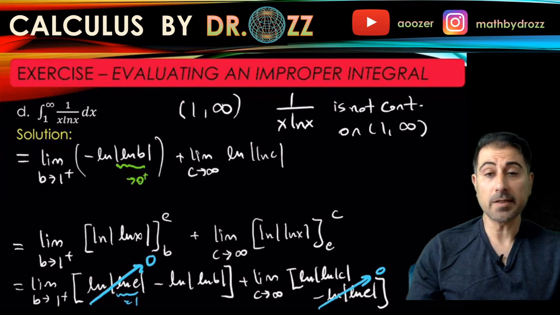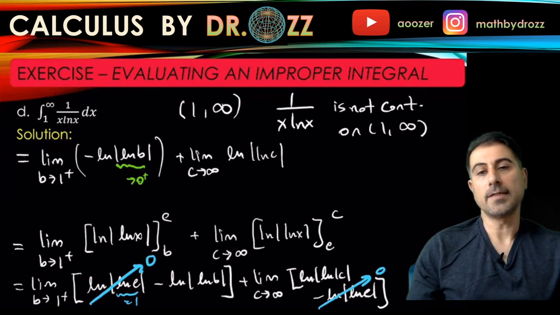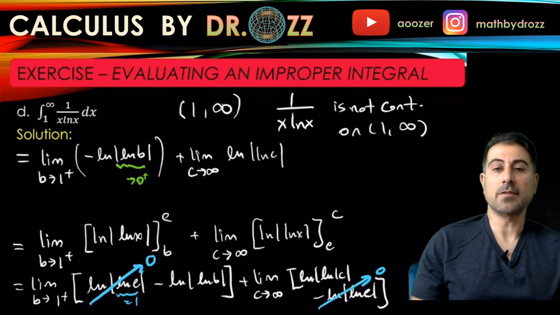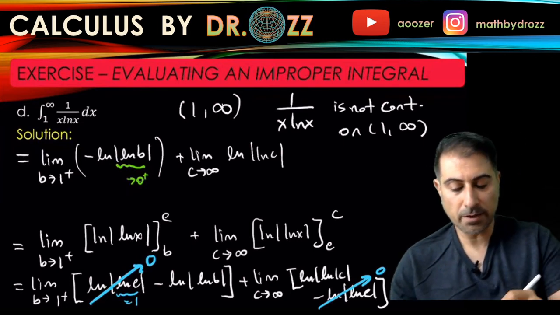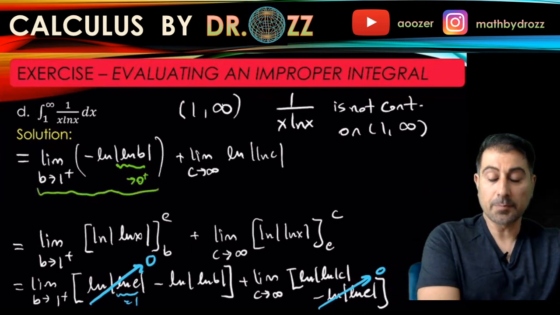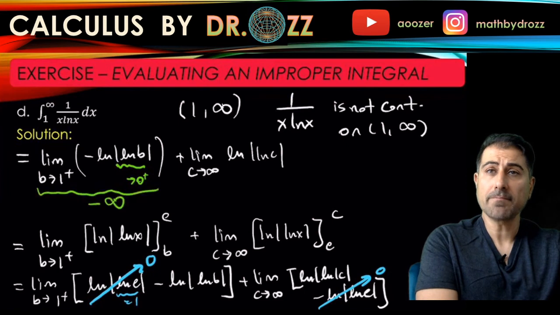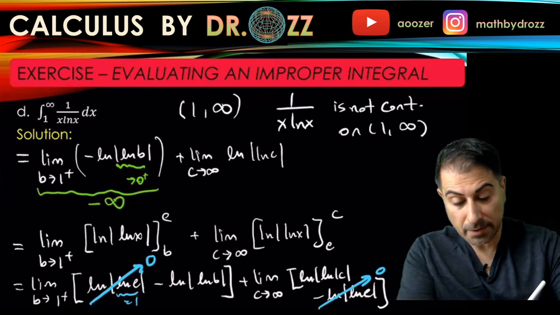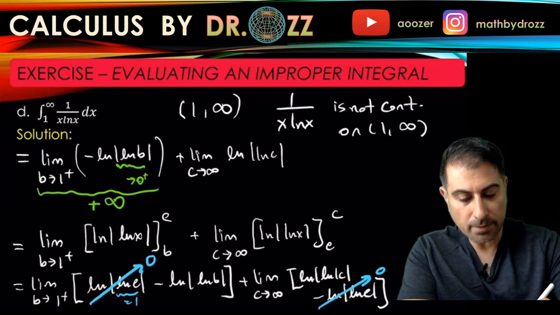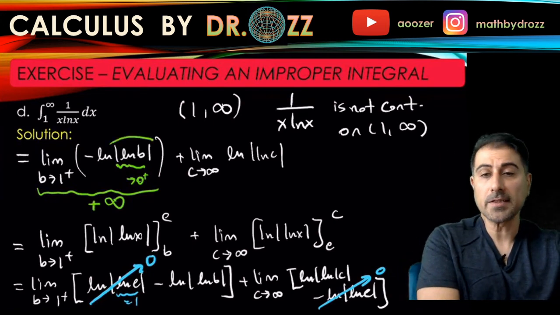Okay, you can graph ln x and see that as x approaches 0 from the right, the corresponding values tend to minus infinity. So you have minus minus infinity, which is plus infinity. This whole thing approaches plus infinity.